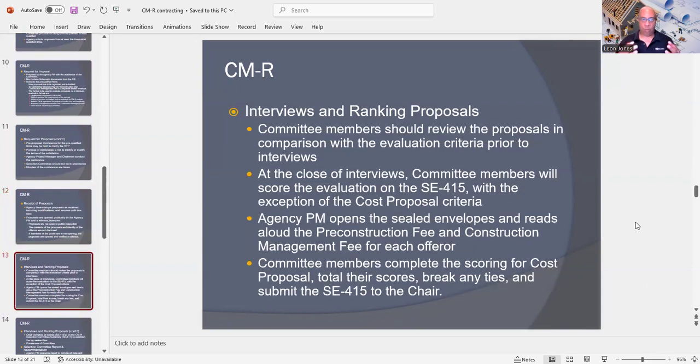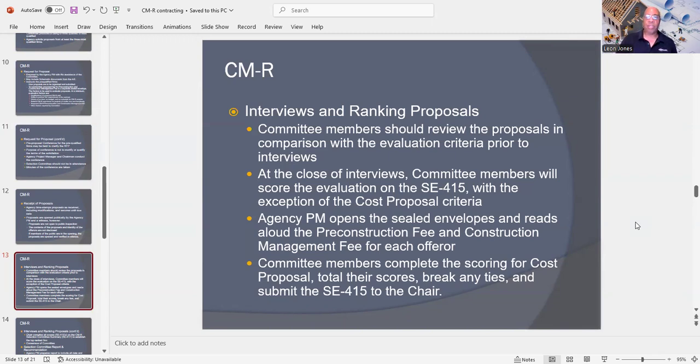Now, also with the CMAR process, you're going to have interviews and ranking of proposals. Under interviews and ranking proposals, committee members should review the proposals in comparison with the evaluation criteria prior to the interview. At the close of the interviews, the committee members will score the evaluation on the SE 415, with the exception of the cost proposal criteria.